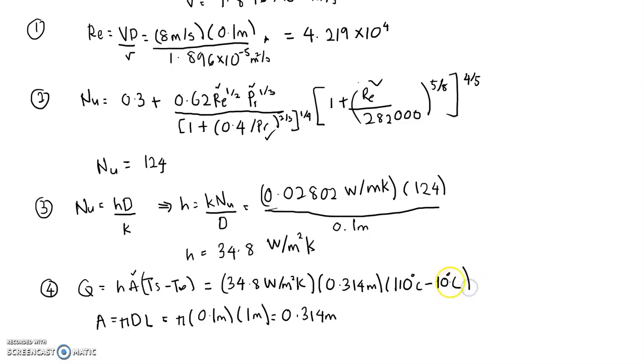You don't have to convert Celsius to Kelvin because it is a delta change. So your final answer Q is 1093 watts. Okay, let's look at our timing.